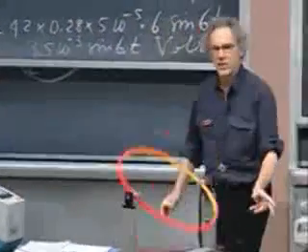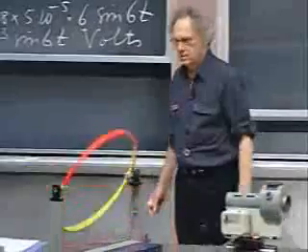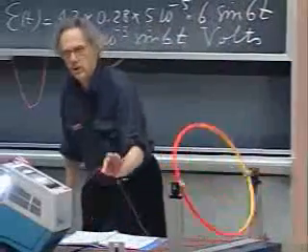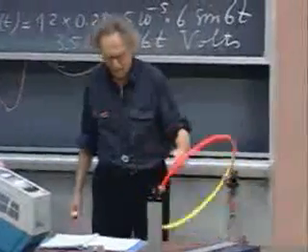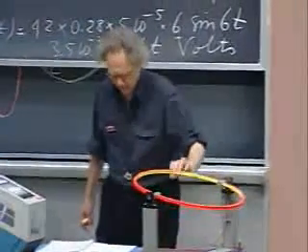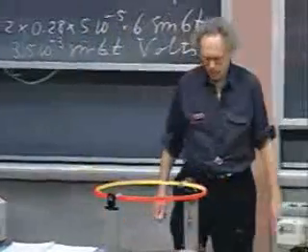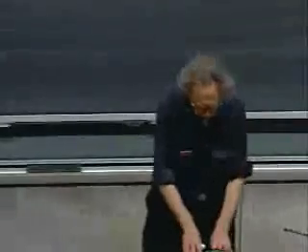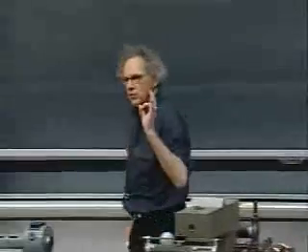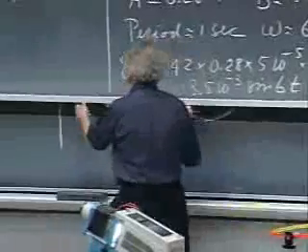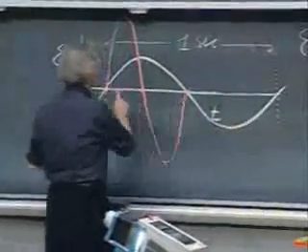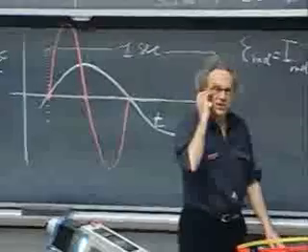We have slipping contacts here so that the system doesn't break. And we could put a light bulb here somewhere in this line, and then the light bulb may glow. In the United States, what comes out of the wall is 60 hertz. So that means that 120 times per second the current through a light bulb goes to 0.